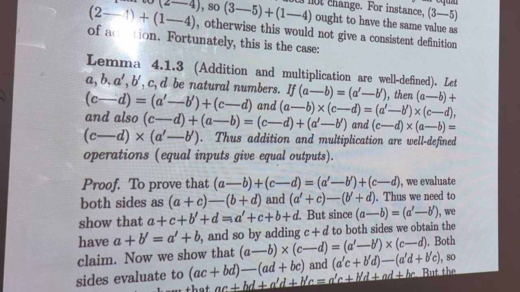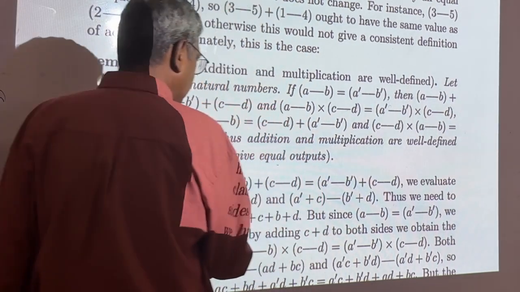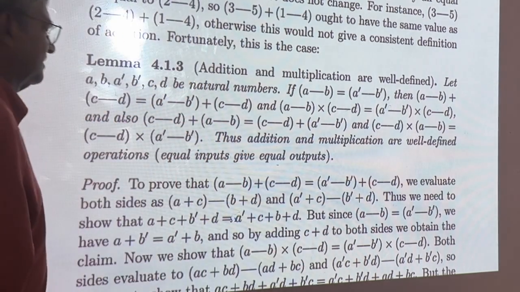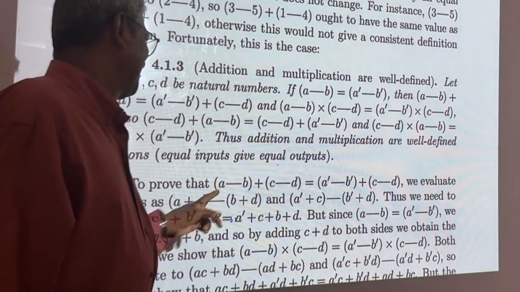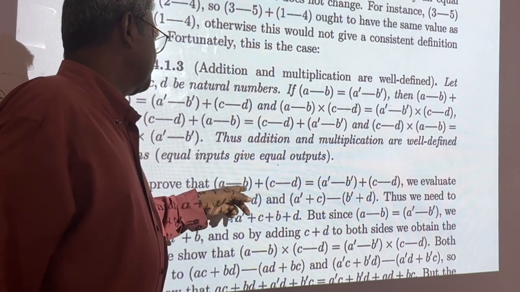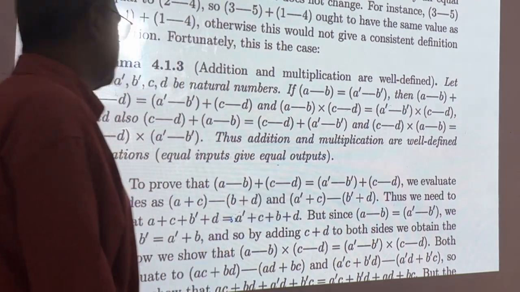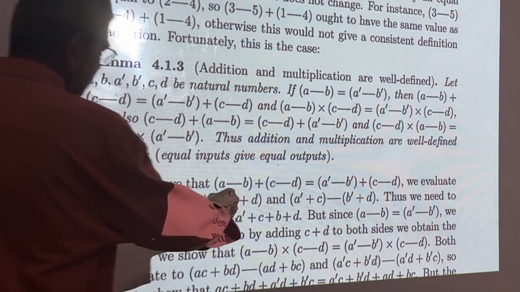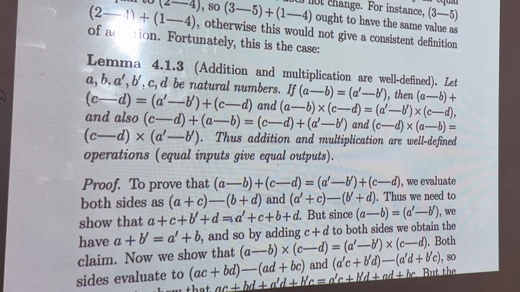You understand what I am saying? Here now, we want to prove that these two are the same. Since a—b is equal to a'—b', this is equivalent to a plus b' equal to a' plus b.